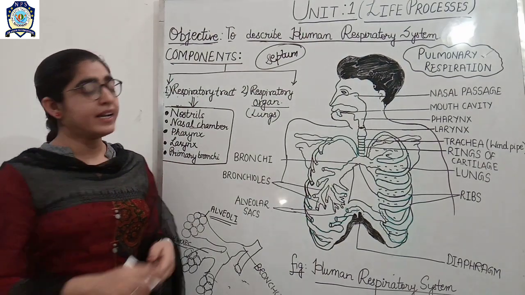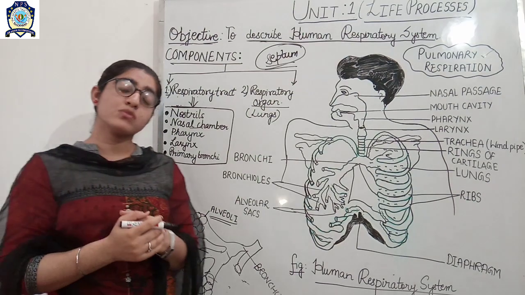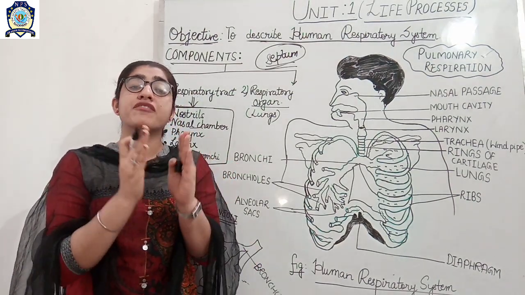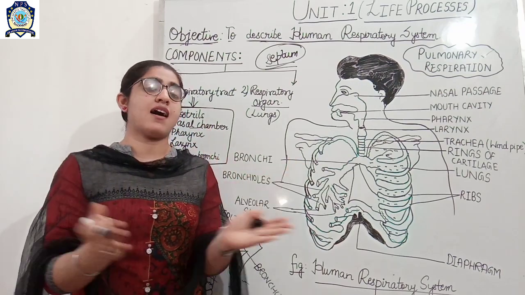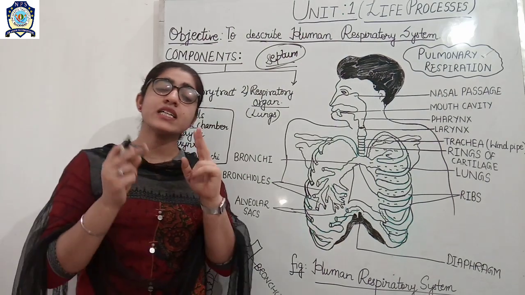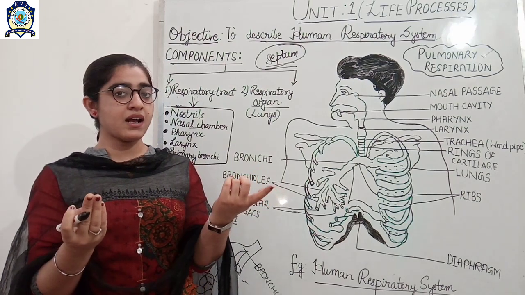So dear student, here I am using the word septum. What is septum? Septum is a thing which divides one thing into two equal halves. So here the nasal septum divides the two chambers into two equal halves.